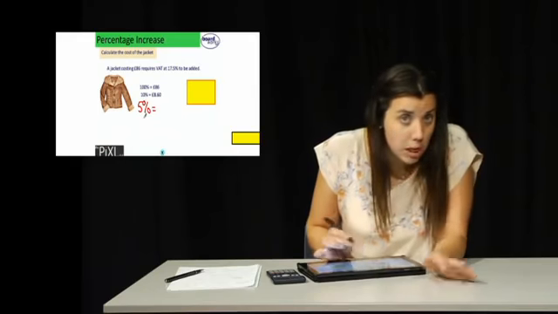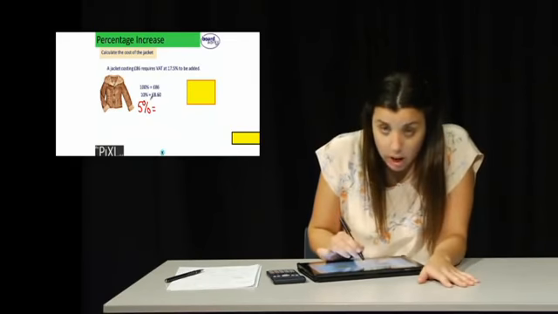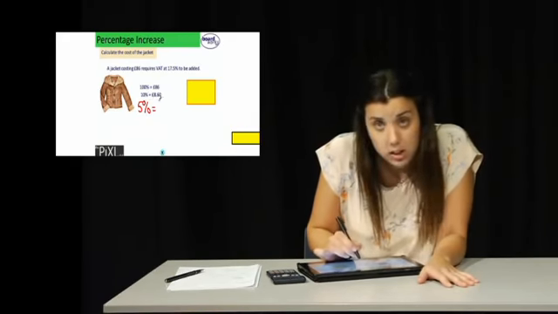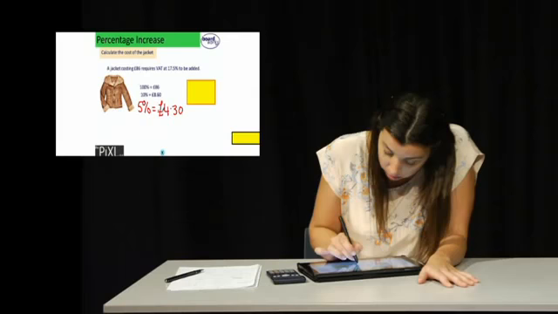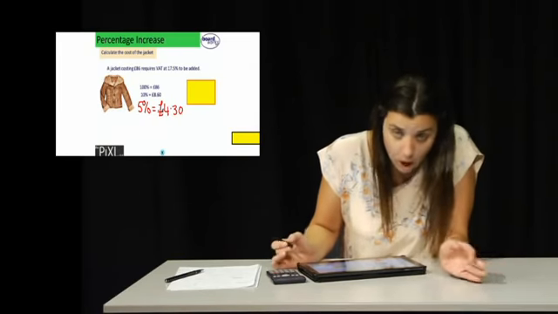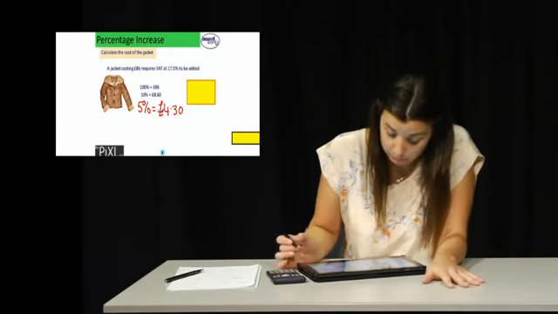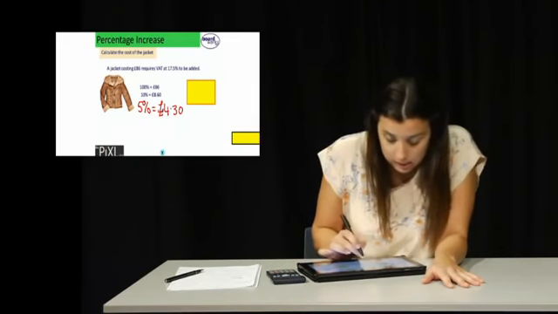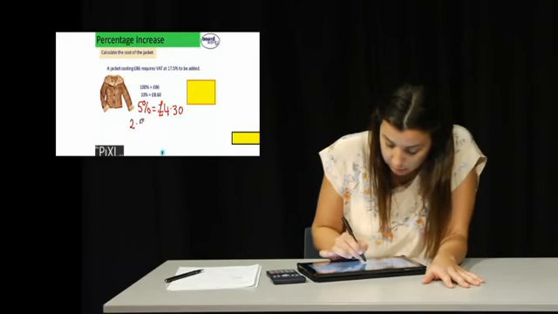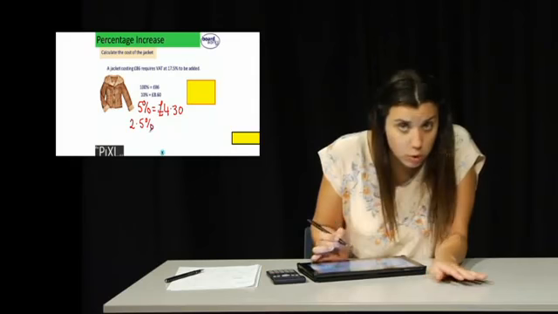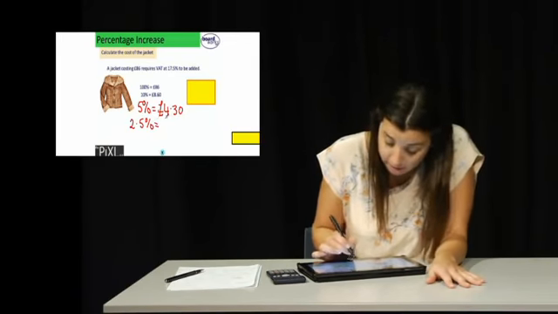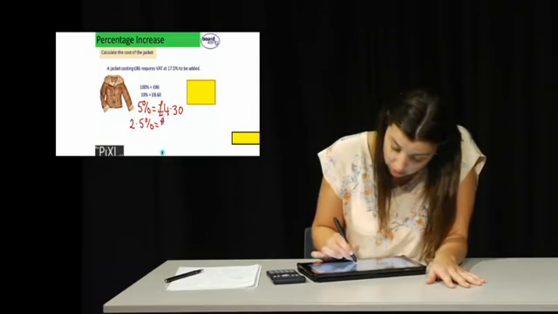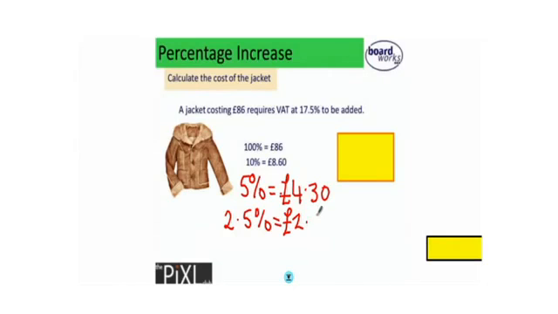So 5% is half of 10%. So we divide our value for 10%, £8.60, by 2, which is £4.30. Half the 8, 4, half the 60p, 30p. Then we're going to do exactly the same process to get 2.5%. 2.5 is half of 5. So once again, we're going to halve our value for 5%, which is £2.15.